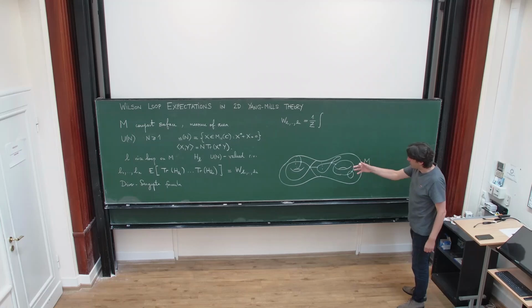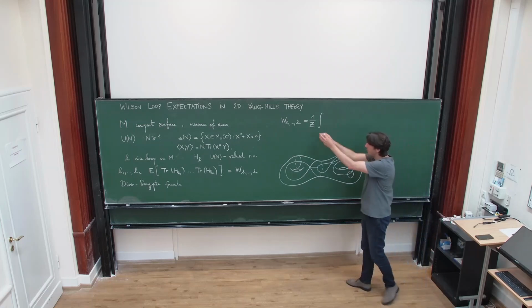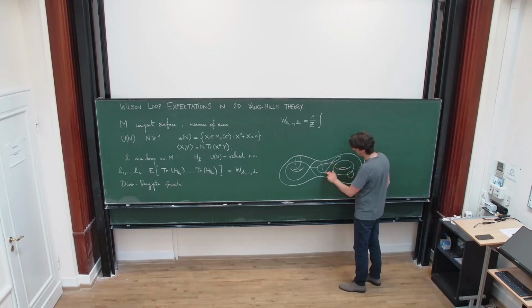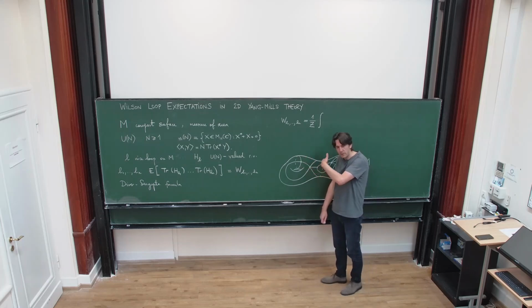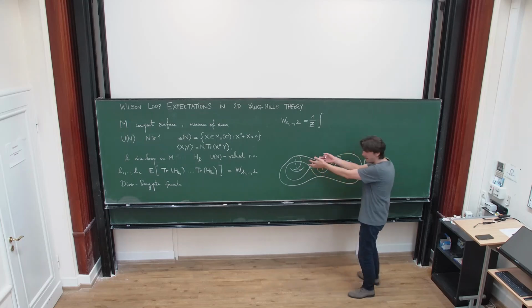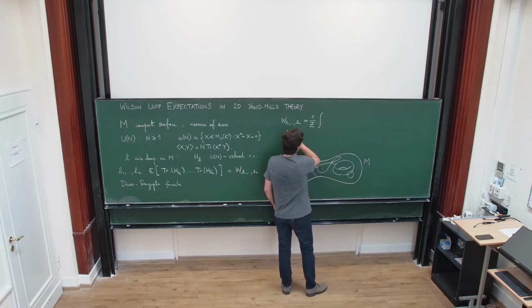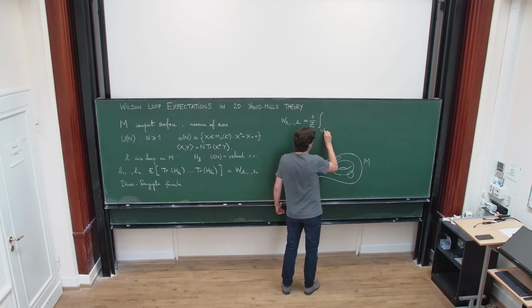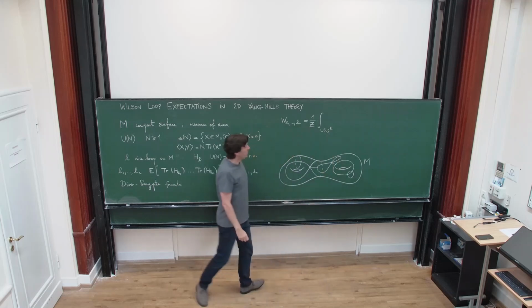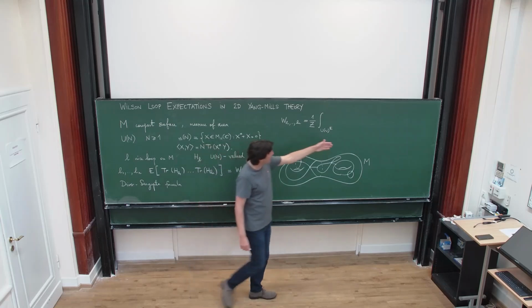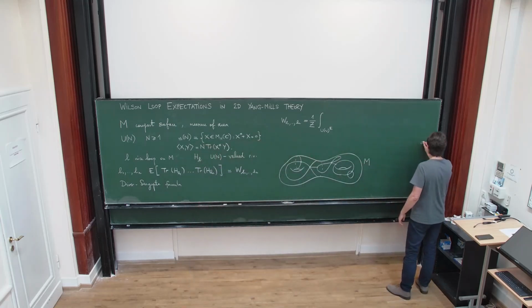We construct a graph on the surface that includes the loops L1 to Ln. This graph has vertices, it has edges, and it has faces. So the faces are the connected components of whatever is left when I remove the edges. And this number is expressed as an integral over a configuration space which is Un, the group, to the power the edges. So at the end there will come a du.